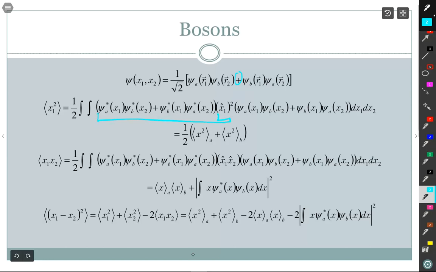This is our psi star, and here's our psi. And to save us all a lot of hassle, I just wrote the answer. You can go through and multiply all of those together, so you're going to get 4 terms, and then go through the math, and you come to this result.